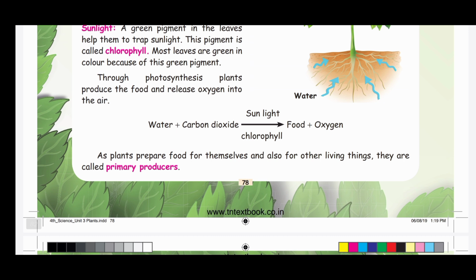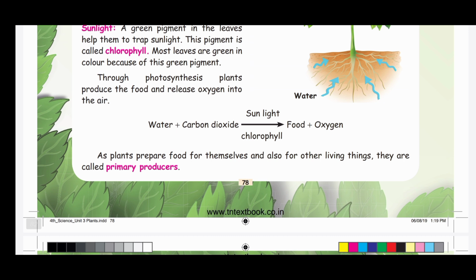As plants prepare food for themselves, they prepare their own food, no one is needed for them. And also for other living things. Now take a goat: it will eat the plants, and now it is getting its food. And so plants are called the primary producer. Plants are the first stage, next the animals will eat them, then we eat that goat, that is human beings.